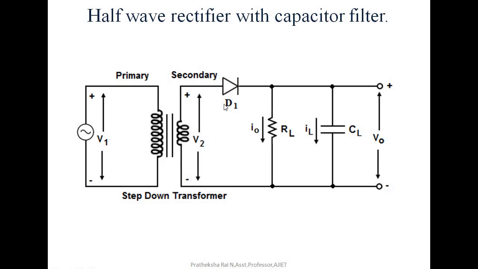So students, during the positive half cycle, diode D is forward biased, so there is a conducting path and output is produced across the load resistor RL. Whereas during the negative half cycle, diode D1 is off and there is no current produced in the output. Now we have a capacitor placed here.